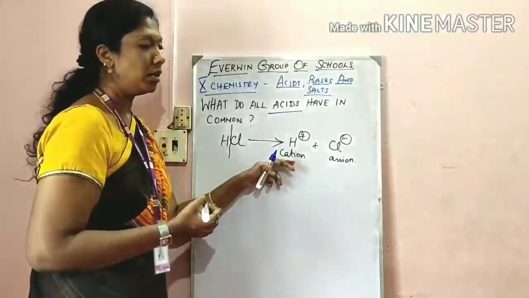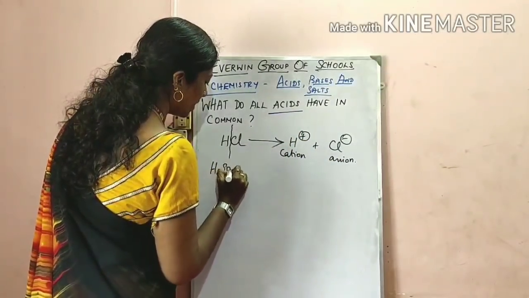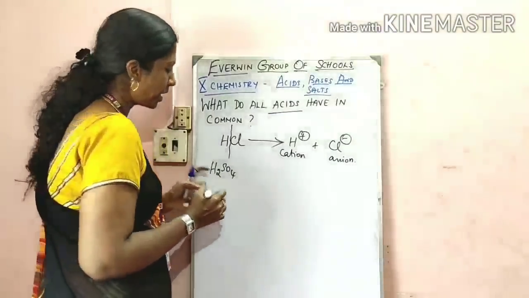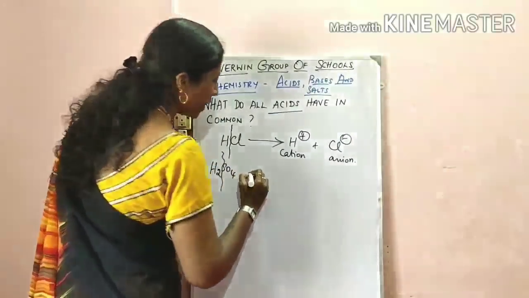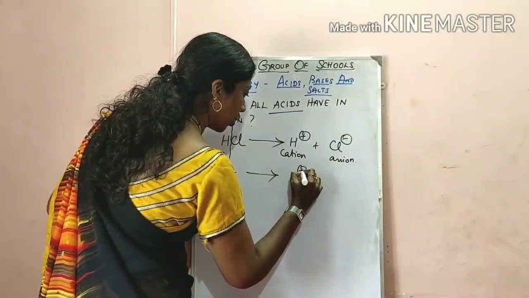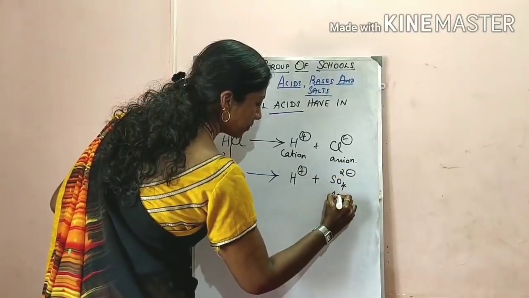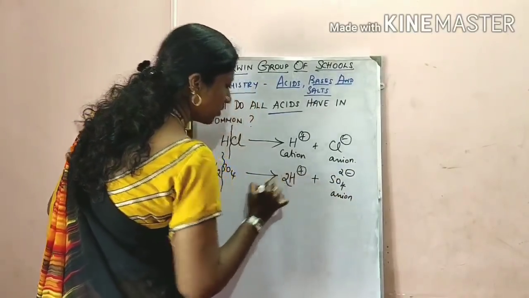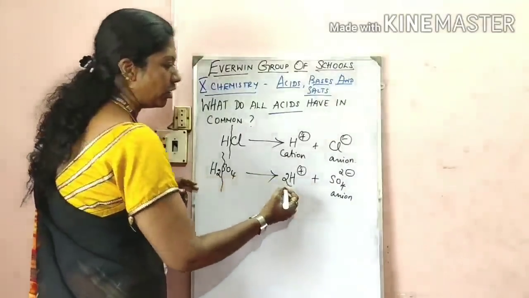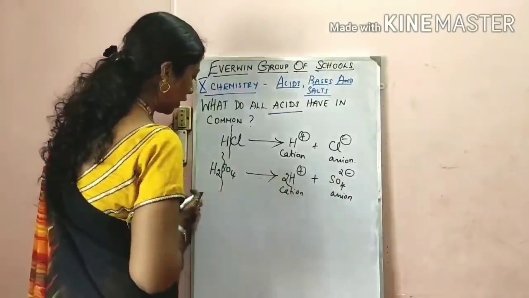Similarly, sulfuric acid also gets dissociated easily and forms H plus ions, which are cations, and sulfate ions, which are anions.